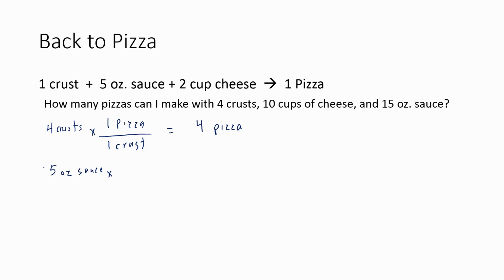I have 15 ounces of sauce right there. So I have 1 pizza for every 5 ounces of sauce. So again, I'm just looking up here, 1 pizza for every 5 ounces of sauce. That's my conversion. That makes 3 pizzas.